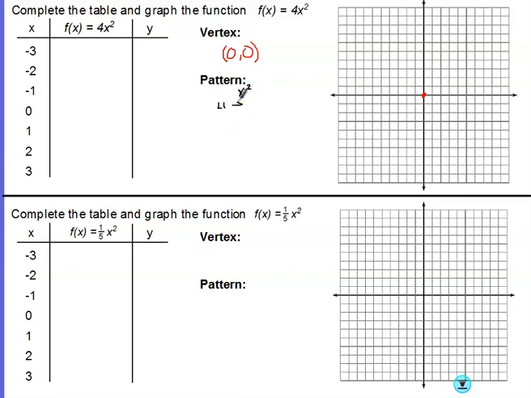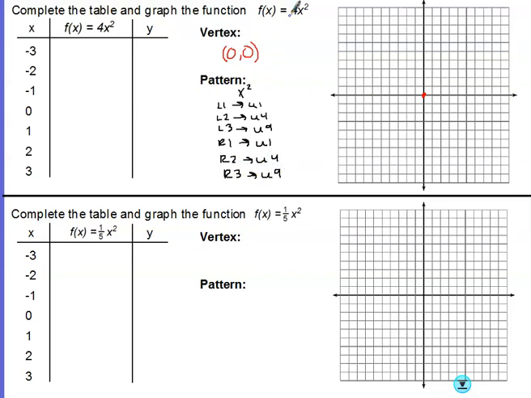Left 1, when I square it, up 1. Left 2, up 4. Left 3, up 9. Right 1, up 1. Right 2, up 4. Right 3, up 9.